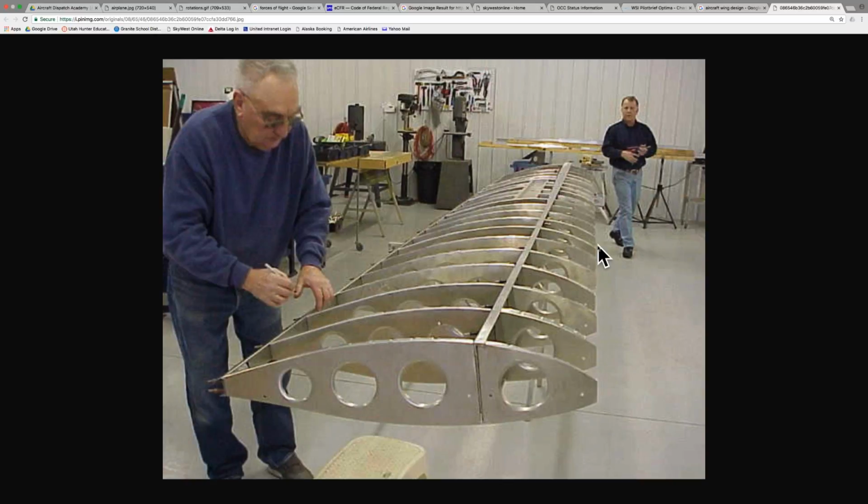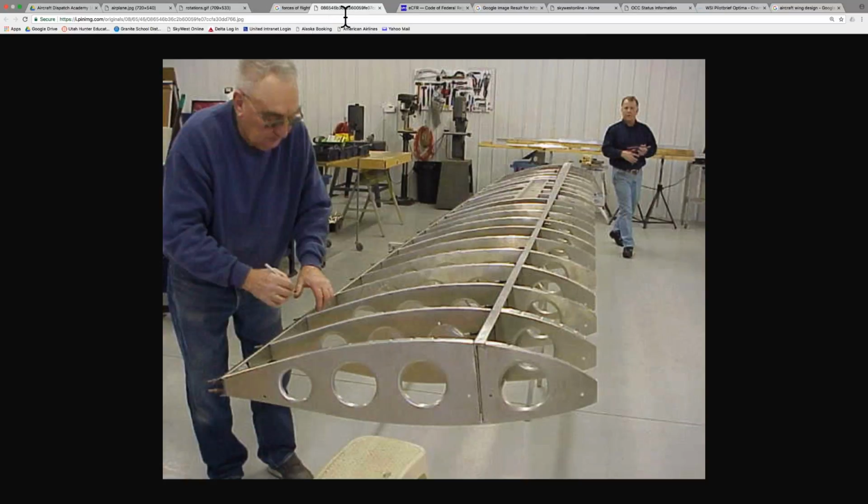Now slats come off the front edge, this leading edge of the wing, and do virtually the same thing that the flap does. It's just increasing that wing shape even more. So that's what the flaps and slats are for.